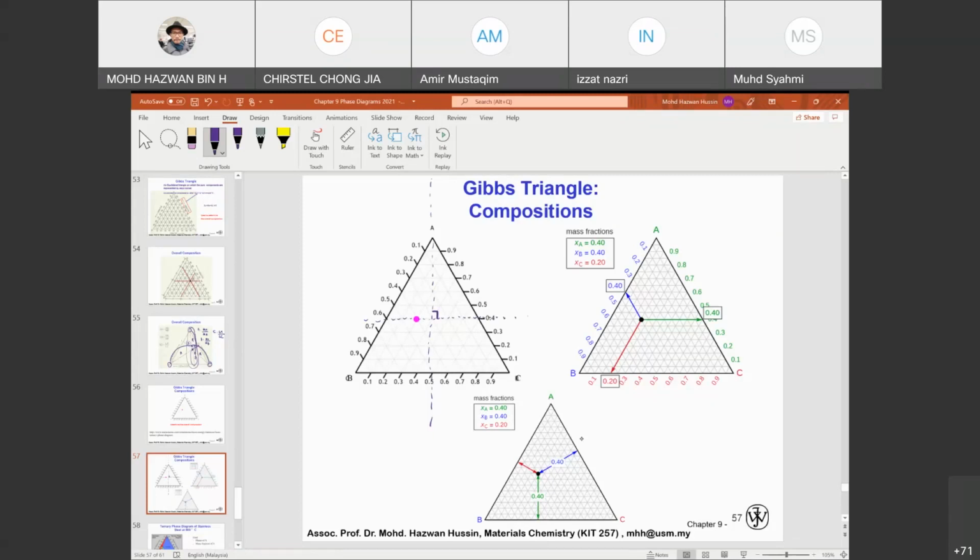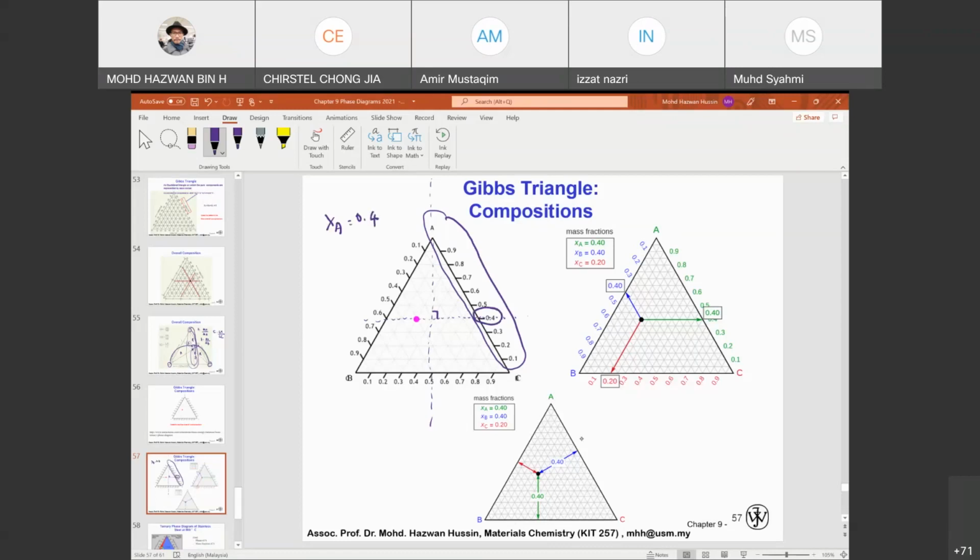So how to read it? If you want to read A, we have to read it here. This represents the percentage fraction of A. When we draw it to this side, what is the value? The value is 0.4. So the fraction for A is equal to 0.4.